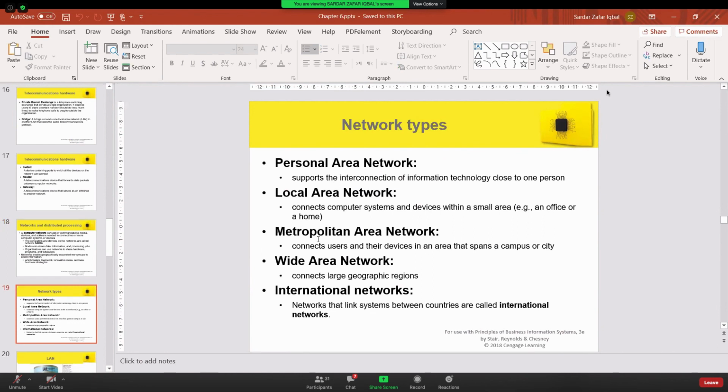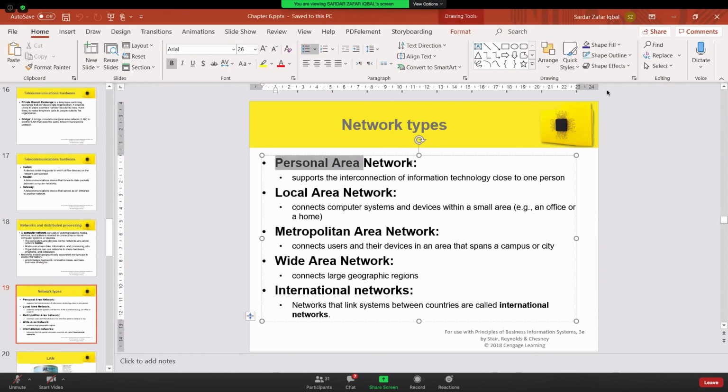So next we have types of networks. I hope all of you are familiar with the personal area network, which supports interconnection of information technology close to one person. So at your home, in your house, you have two computers and you can connect them, or you can connect any device like your Raspberry Pi, Arduino, or any other device. You're making a network through Ethernet cable or wireless connection.